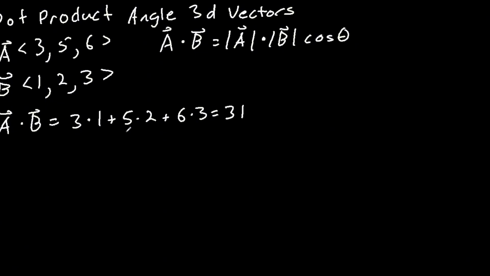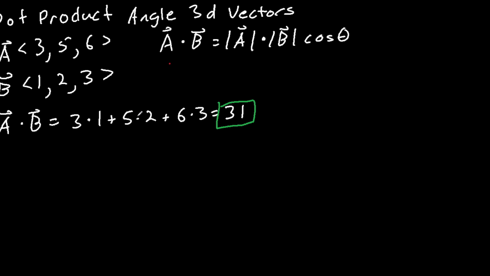Let me use my calculator because I messed up 1 plus 4 plus 9 in the previous video. Let's just double check this. Yeah, 31. So the dot product of A and B is 31. Save that. Let's put a little green box around it, and you could put 31 into here.